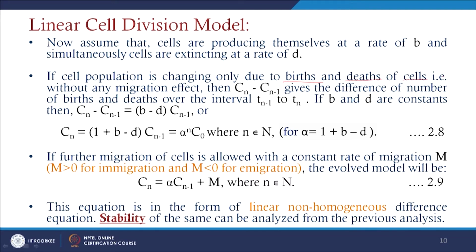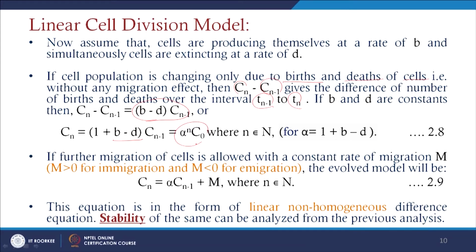Then C_n minus C_(n-1) gives the difference of the numbers of births and deaths over the interval t_(n-1) to t_n. If b and d are constants, then this can be represented as (b minus d) C_(n-1), or C_n can be written as (1 plus b minus d) times C_(n-1), which can be written as alpha to the power n times C_0, if alpha equals 1 plus b minus d.